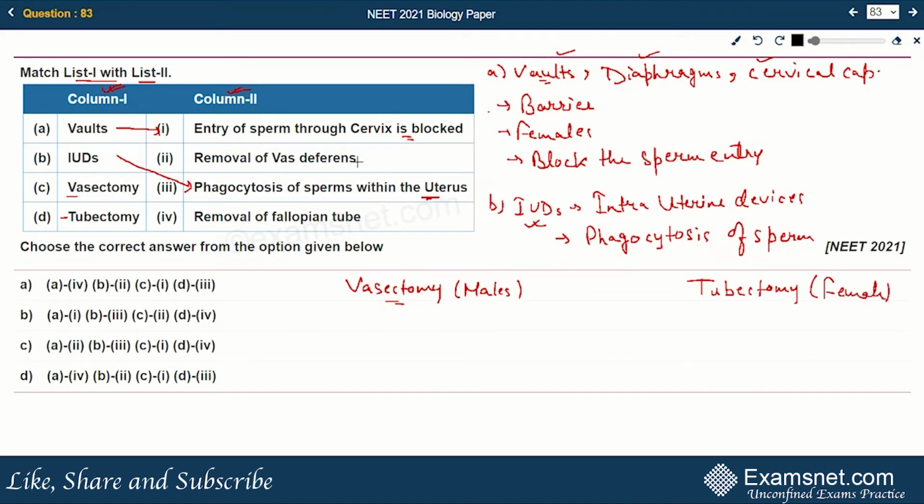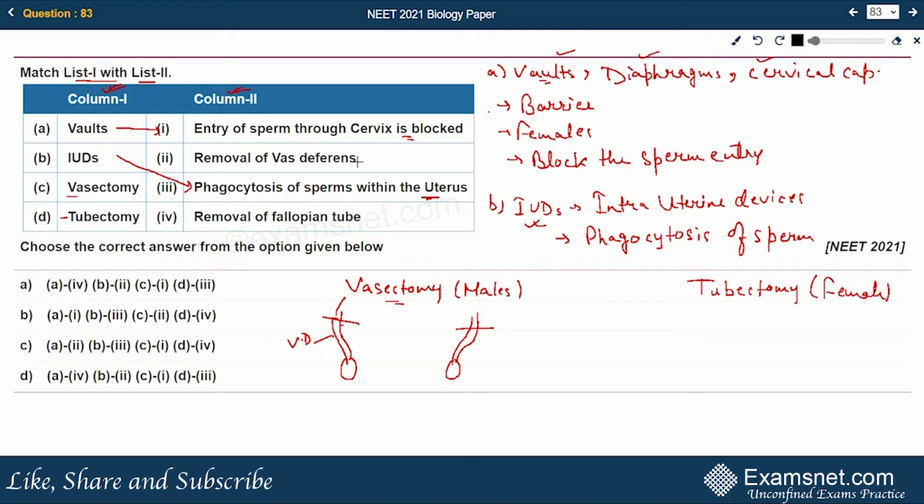Here a surgical method is followed where a small part of the vas deferens is removed or tied up through a small incision. Suppose this is your testis. Sperms are produced within the testis, and from here they are transported through the vas deferens. In order to prevent this transport of sperms, the vas deferens is cut here and tied. This way the sperms will not be transported.